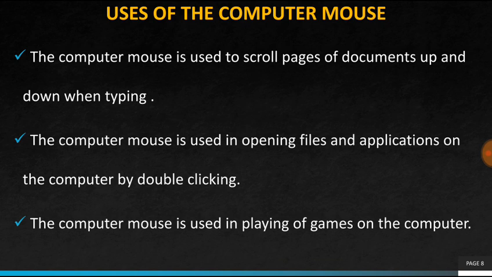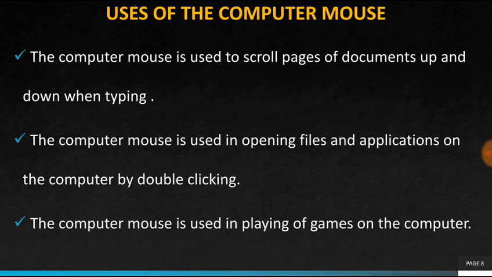Now let's look at the functions or the uses of the computer mouse. The first one, the computer mouse is used to scroll pages of documents up and down when typing. Whenever you are typing on a computer, we can use the scroll wheel, which is in between the left button and the right button.